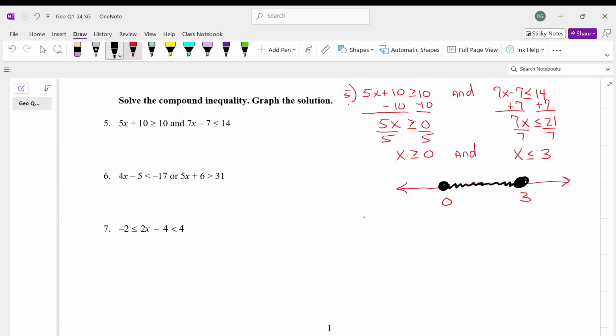Problem number 6. 4x minus 5 less than negative 17, or 5x plus 6 greater than 31. So again, we're going to solve them both.